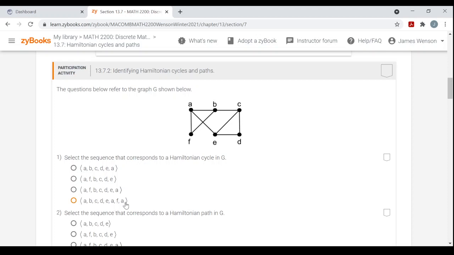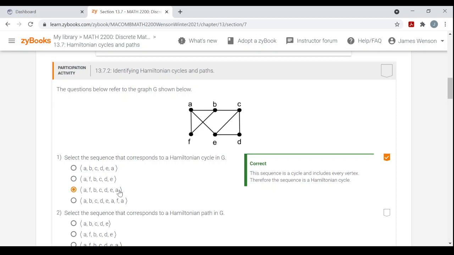Now I'm down to 2 options, the first and the third. And then again, in order for a cycle to be considered Hamiltonian, every single vertex has to appear in it: A, B, C, D, E, and F. Well, I'm not seeing vertex F in this first option. So without even traveling around the graph, I can tell you that the only possible option here that could be a Hamiltonian cycle is this third one.